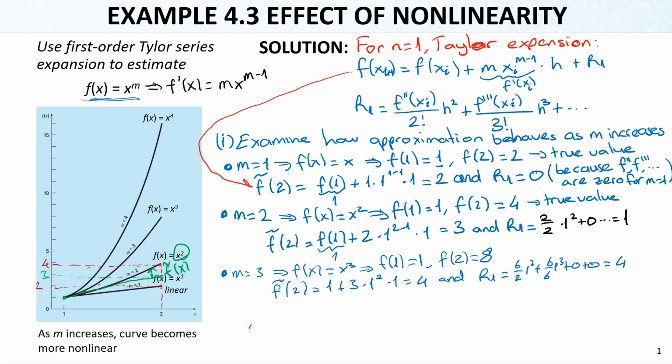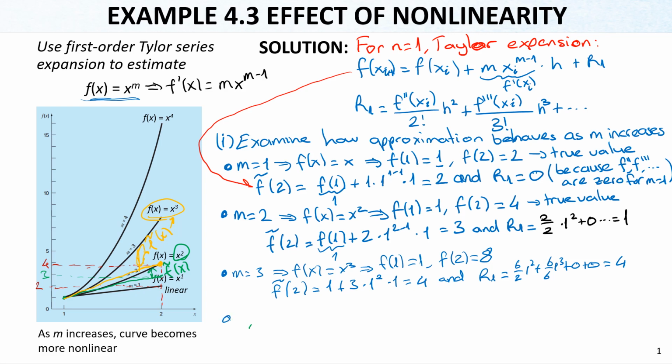And you can see the difference is pretty large now, because this is a third order function and we are trying to predict it with a first order Taylor expansion. But with R1 we can complete it. 4 plus 4 is equal to 8. And if we draw the graph of this, it's basically predicting like a linear function like this. This is the f tilde x for this, and you can see it's too much discrepancy now.